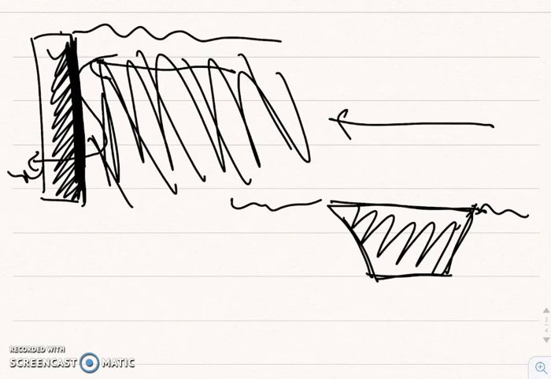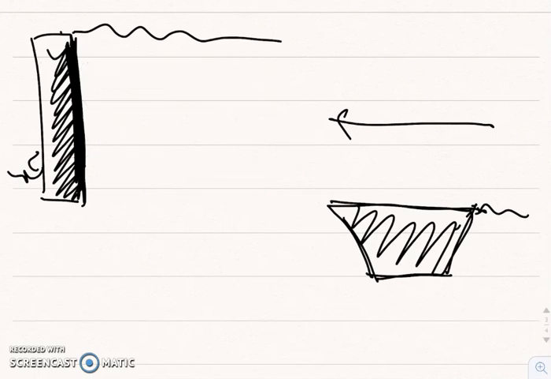The other problem we're going to encounter is the more significant one. That is that the pressure exerted on the dam, say at this point right here, will be drastically different from the pressure exerted on the dam, say at this point right here, precisely because this point is at a much greater depth than this point right here.